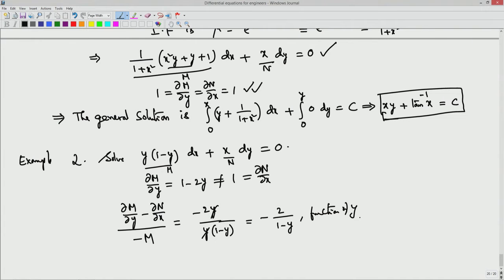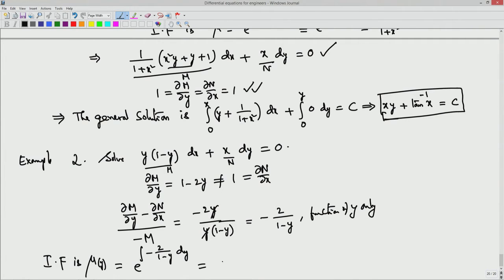Once you know this is a function of y only, what is my integrating factor? Mu, which is a function of y, is e power integral of this function, whatever you got, minus 2 divided by 1 minus y dy.